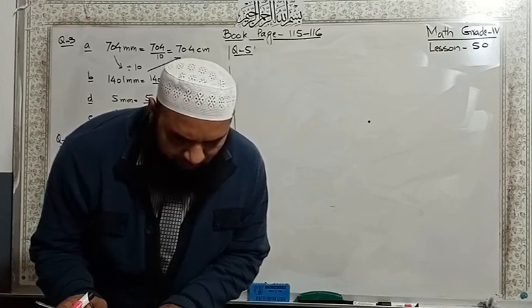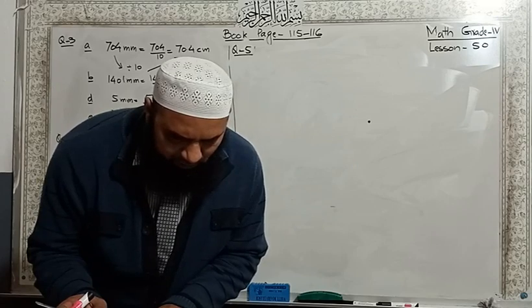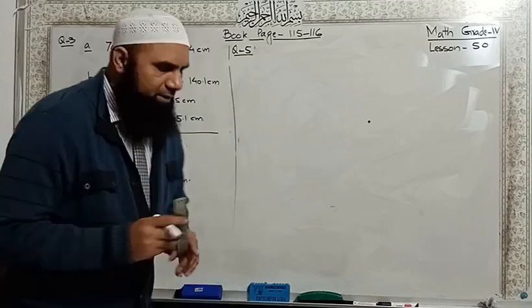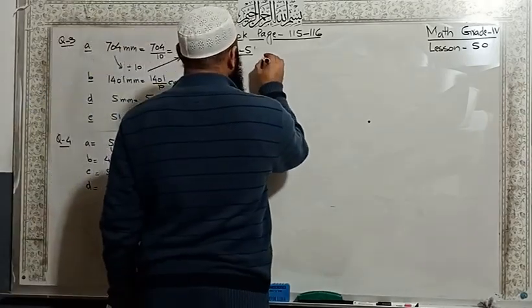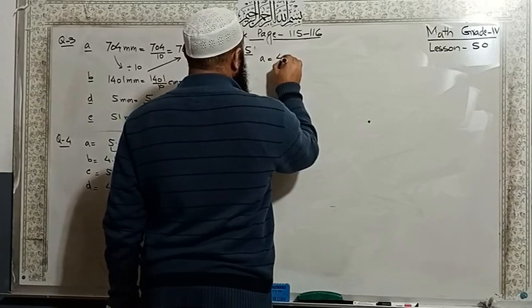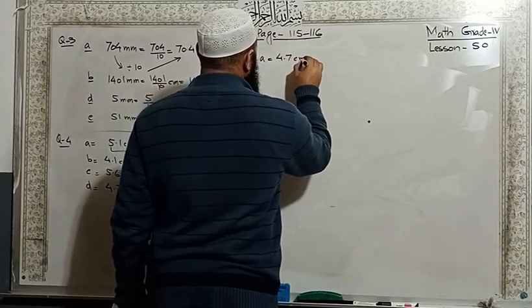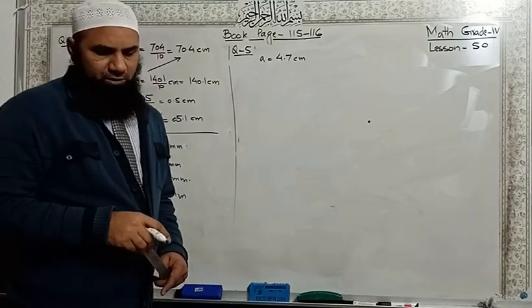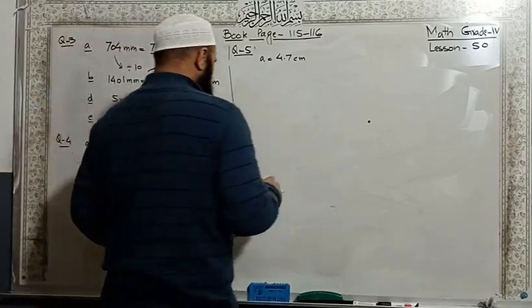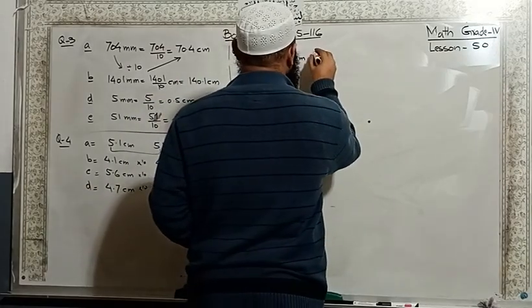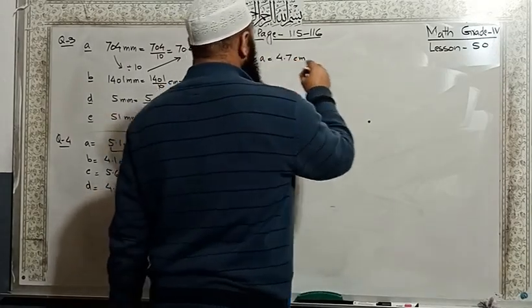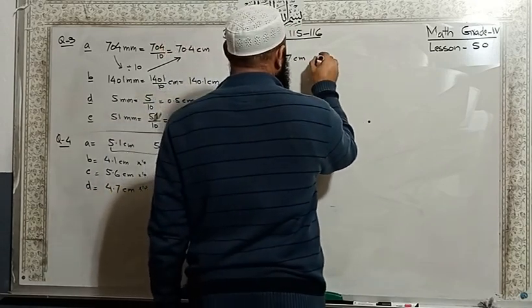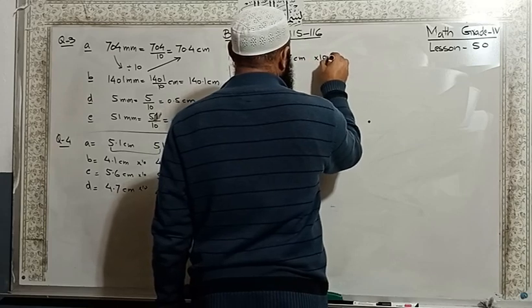Question A. First write the length in centimeters, 4.7 centimeters. Now we will change into millimeters by multiplying by 10.